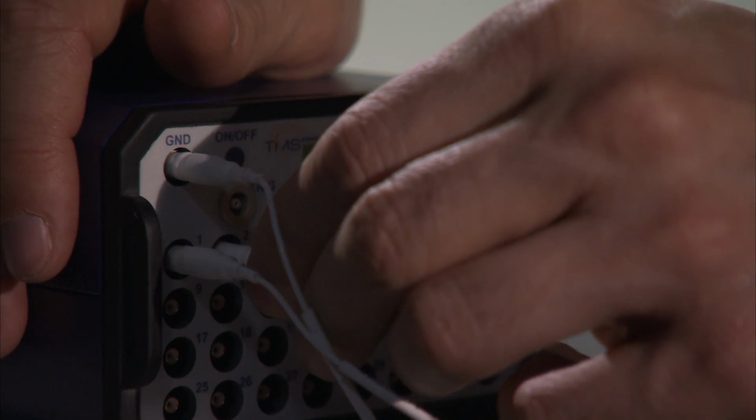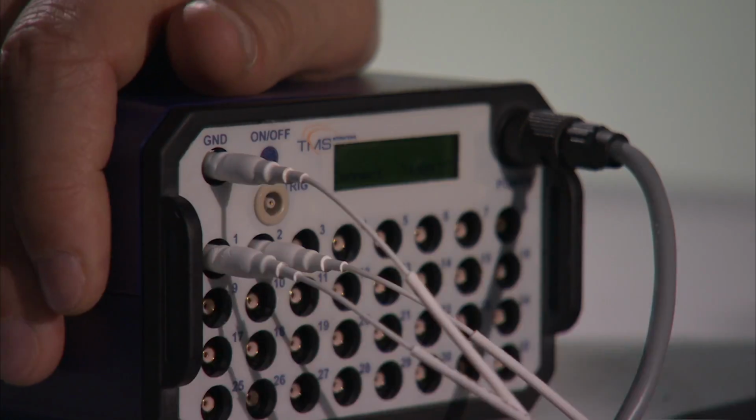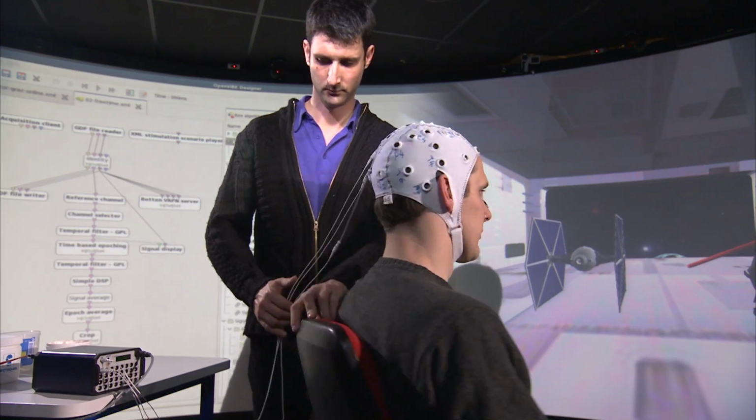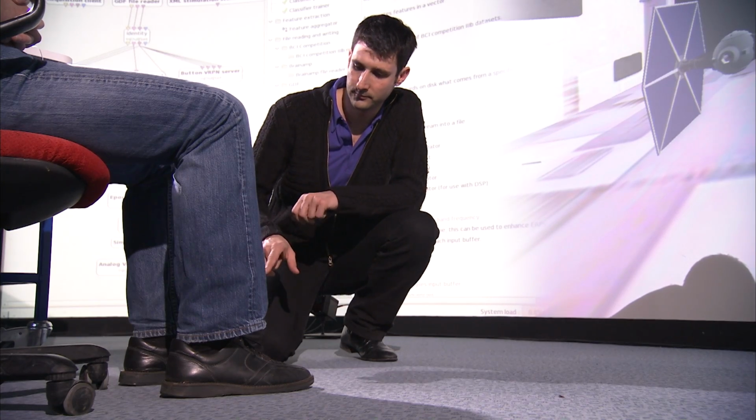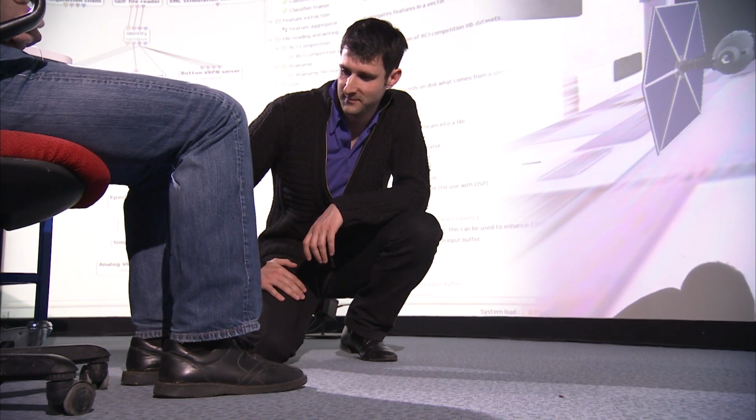In the following example, an electrode is placed on top of the head. Not only does this electrode detect brain activity related to executing foot movement, but also that related to imagining foot movement.